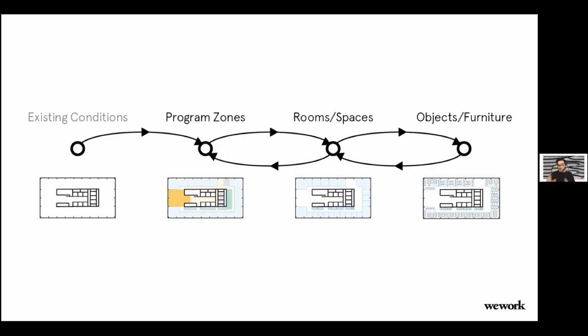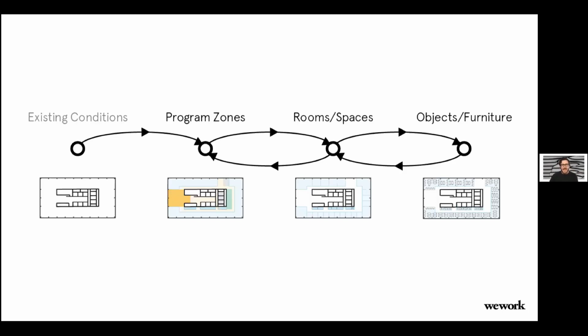Or we might make a choice at some local small scale that actually has consequences for a higher level decision. And so it's not just a matter of honing in from rough to fine. You have to enable designers to work back and forth across these levels of abstraction.